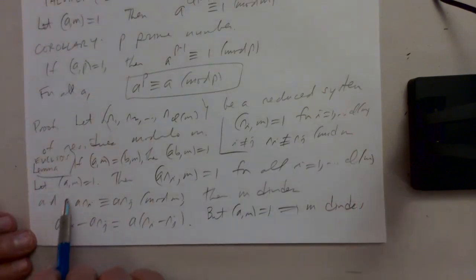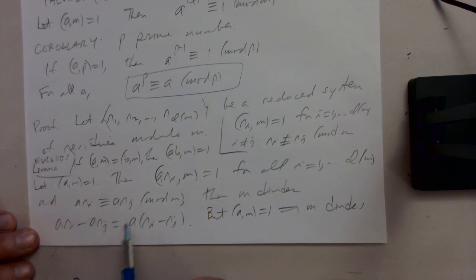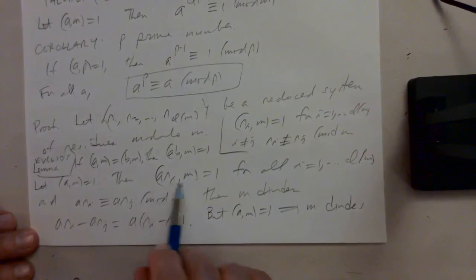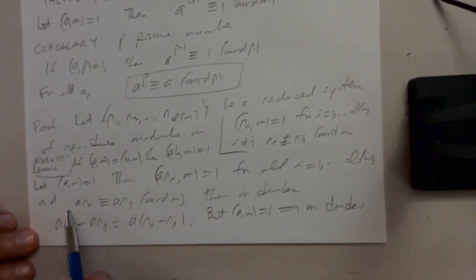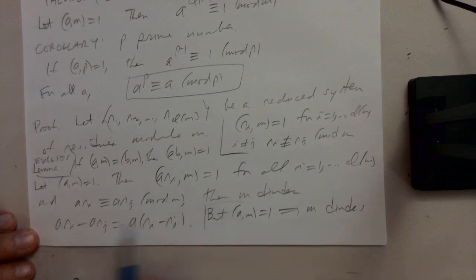So let me just repeat this. Suppose A is relatively prime to M, then by Euclid's lemma, A times Ri is relatively prime to M for all I. Suppose that ARi is congruent to ARj mod M for some I and J. This means that M divides ARi minus ARj.